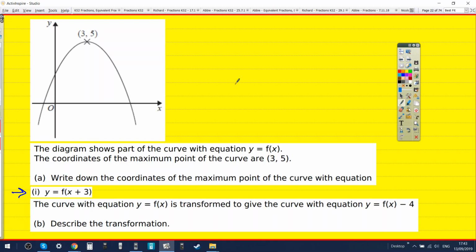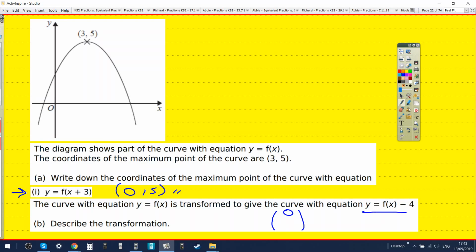Okay. Could it be moving minus 3 to the left? So it's going to be (0, 5). Brilliant. Sorry, it took me some time. No, it's good. And B. Describe the transformation. So as the vector, (0, minus 3).